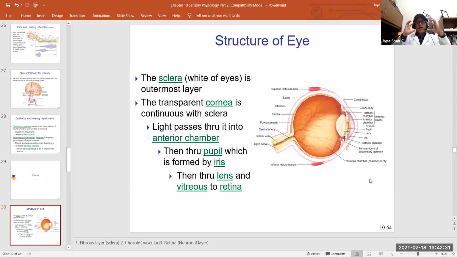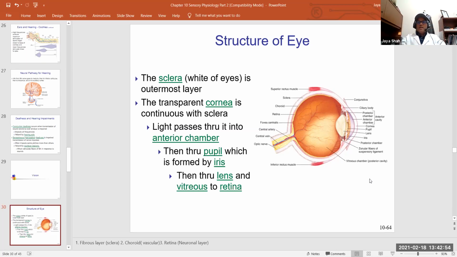Okay. So the eye lies in your orbital cavity, which is formed by the frontal bone, maxillary bone, and some facial bones. And only one sixth of the eye you can see from outside. Most of the part is buried inside the cavity.